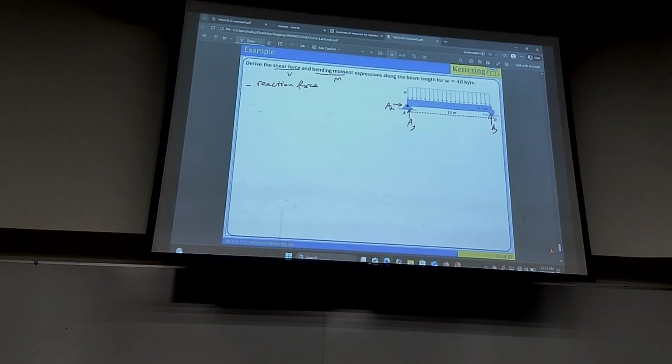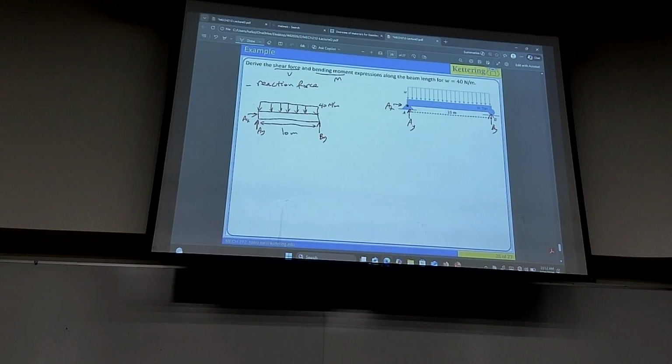So for reaction force, that means the entire geometry, the entire load. Guys, we do this and then we take the break.